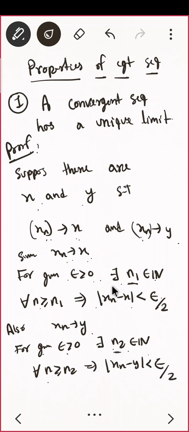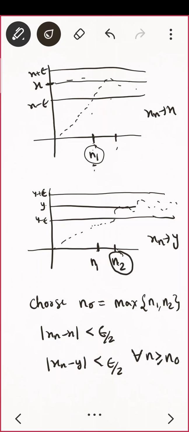Now I want to combine both, that means I need only one natural number such that both conditions are satisfied. I just drew a graph: xn converges to x, so I have this n1 here, and xn converges to y, so I may have an n2 here, correct? I have only two choices, n1 and n2, and one of them should be chosen. But can I take n1 as my final n?